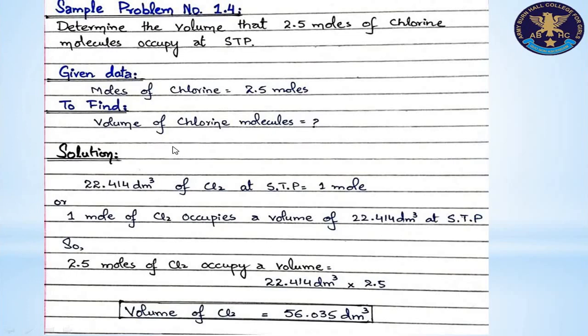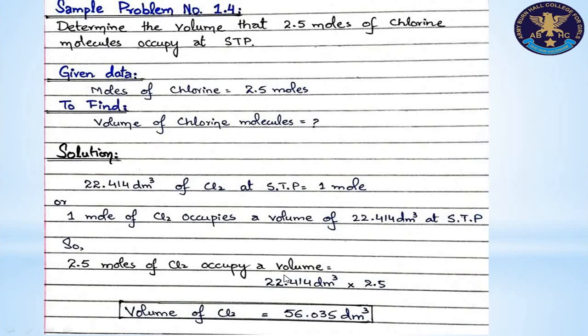For solving this problem, as I have discussed in the previous slide, 22.414 cubic decimeter of chlorine at standard temperature pressure is equal to 1 mole, or we can also write this way: 1 mole of chlorine occupies a volume of 22.414 cubic decimeter at standard temperature pressure. If 1 mole occupies this volume, then if we have 2.5 moles, what volume will be occupied by the chlorine molecules?